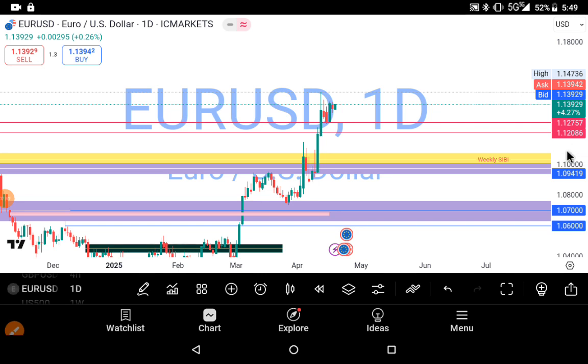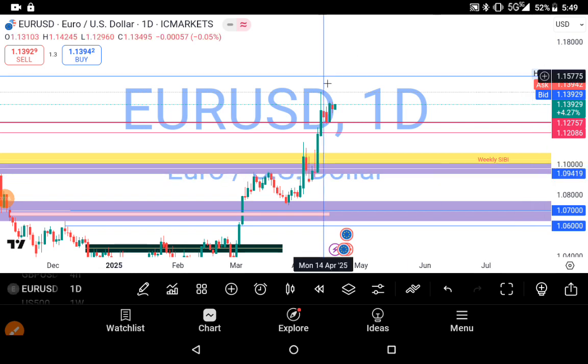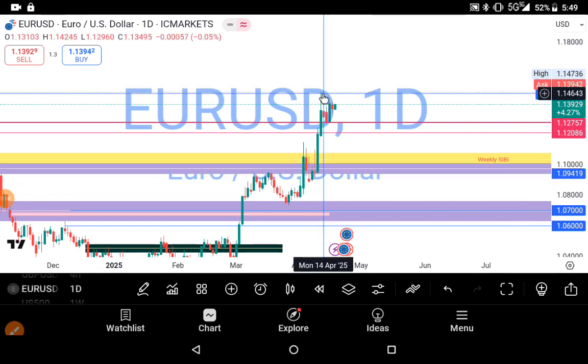1.12757, is that level ready to be a support to the price that will take us into this high here?